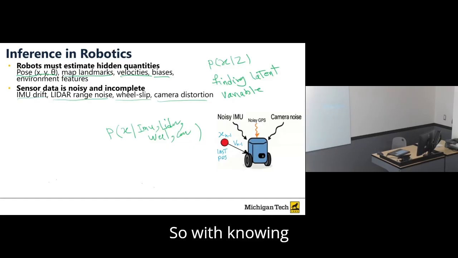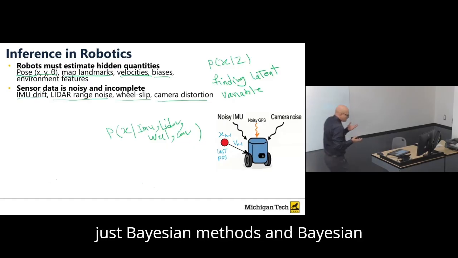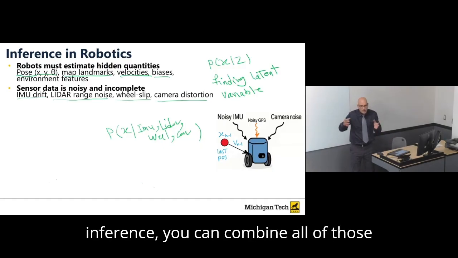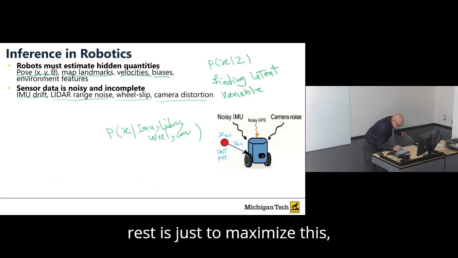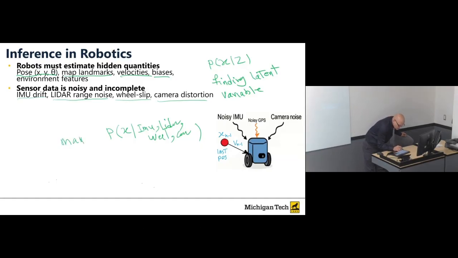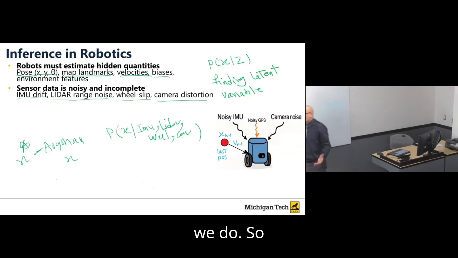So by knowing just Bayesian methods and Bayesian inference, you can combine all of that knowledge in one formula. The rest is just to maximize this, or argmax, find X. That's what we do.